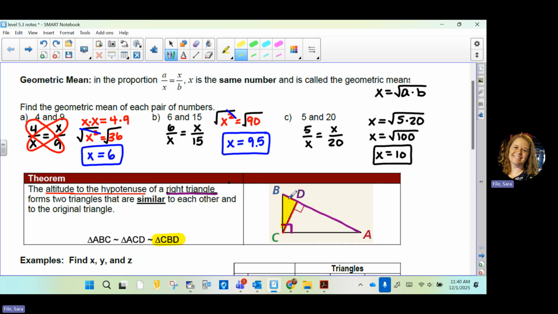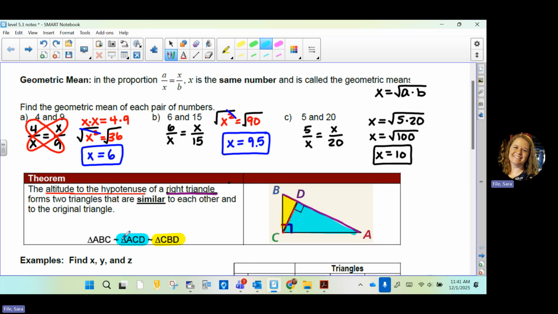Okay, that's your small right triangle. Then you've got your medium, CDA, or ACD, doesn't matter which order you name it in.